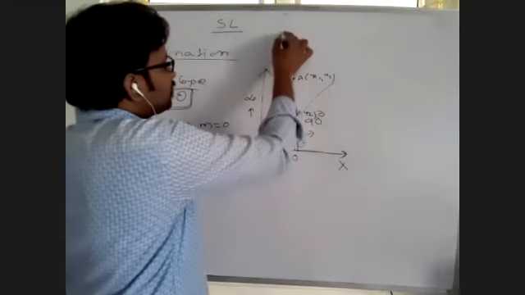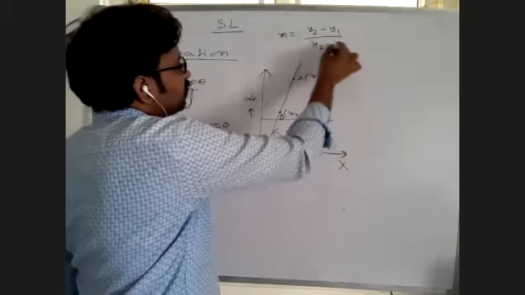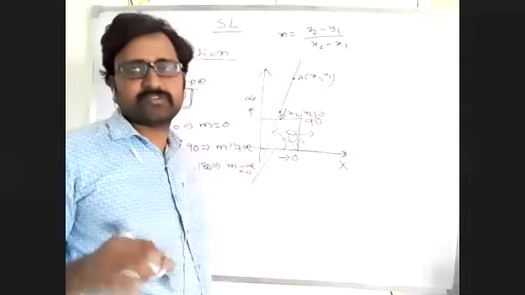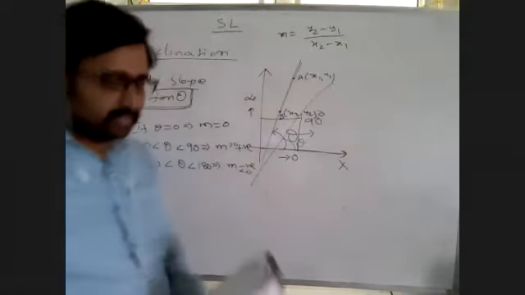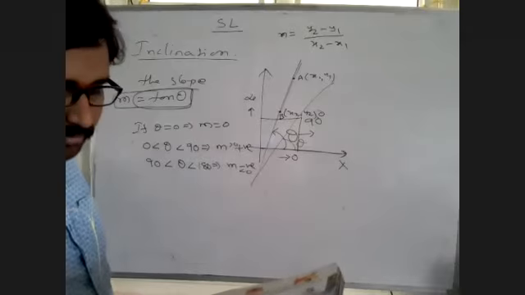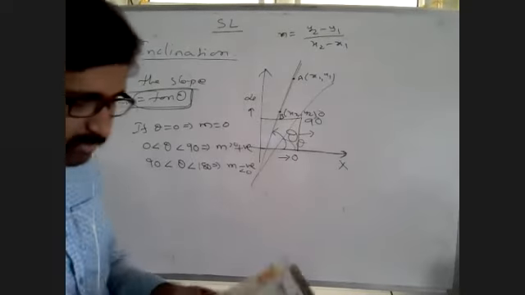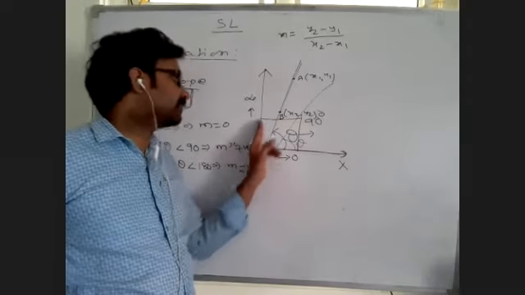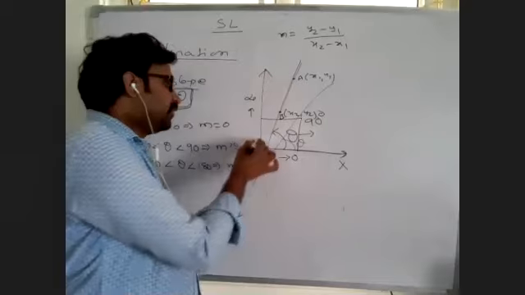We have the formula m equals (y2 minus y1) by (x2 minus x1), or (y1 minus y2) by (x1 minus x2). You can write either, no problem; you will get the same slope. That is the formula to find the slope from 2 points. And if x1 equals x2, you get this line; on this line, if you take any point, the x value is the same.